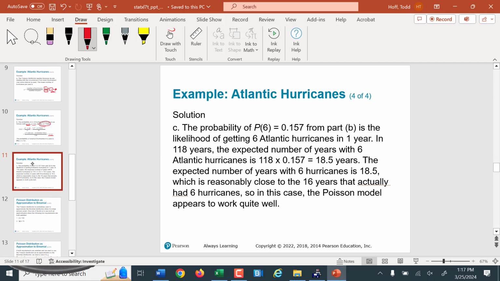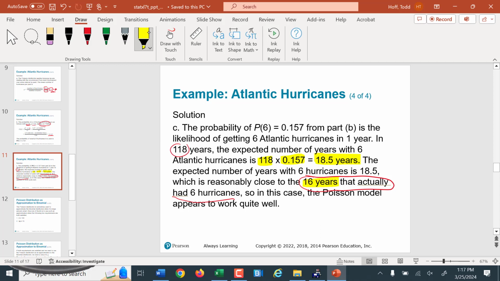Now analyze if this is a good approximation according to history. The data tells us that in that 118-year period, there were exactly 16 years where they had 6 hurricanes during that year. Well, if we go back to that 118 years times the probability we found of 0.157, that would give us an expected value of 18.5 years.